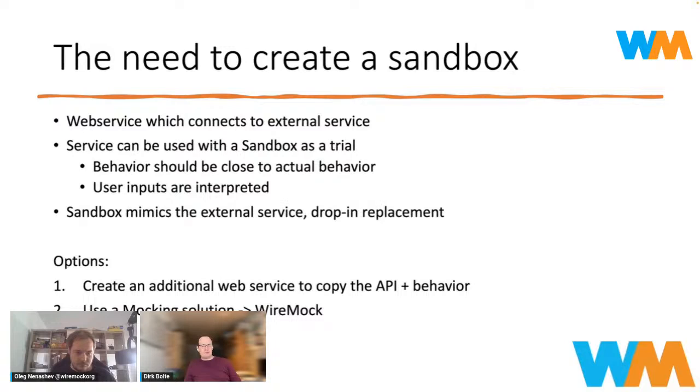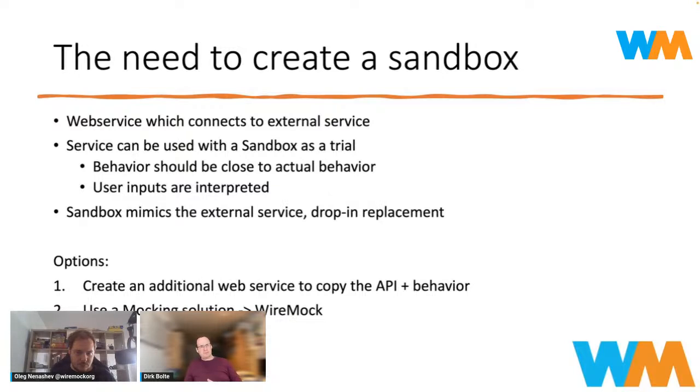There were two options we could choose from. One was to create a full-blown server which re-implements the API and has some built-in business logic to at least mimic some of the behaviors of the third party that we interacted with. The other idea was to use mocking, so WireMock. I thought, okay, everything that I need for the service, WireMock already provides. I have a complete web service. I have all APIs there.